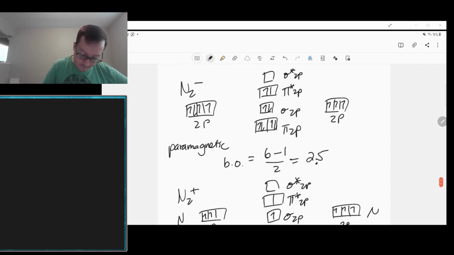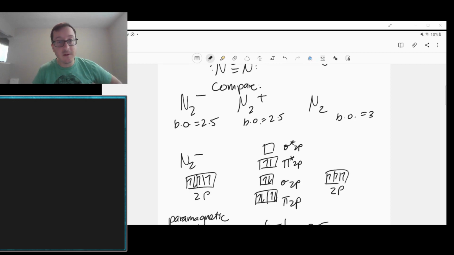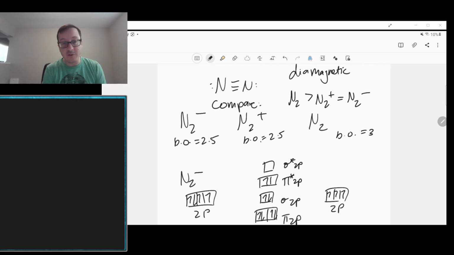So we would say that N2 is the most stable, and N2 minus and N2 plus would probably be equally less stable. So we would say that N2 is better than N2 plus, which is about equal to N2 minus in terms of their bond order. So we can make these comparisons. We can see what's going to be more stable, what's going to be less stable.